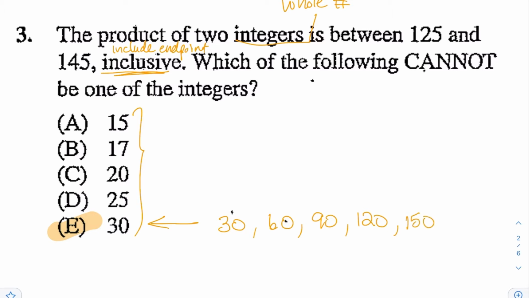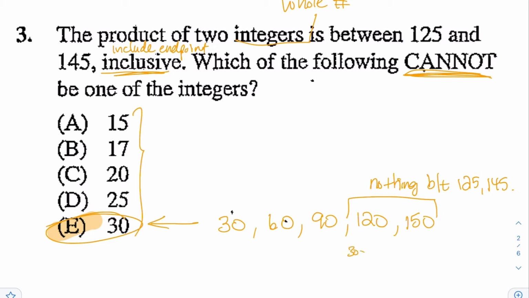And we see that you don't have anything between 125 and 145. So again, we're looking for what that cannot be, so the answer is choice E. If you have the 30 times table, 30 times 4 is equal to 120. 30 times 5 is 150. So there's no way the product can be between 125 and 145.